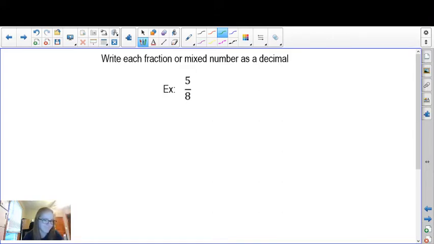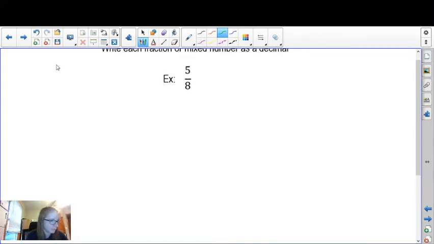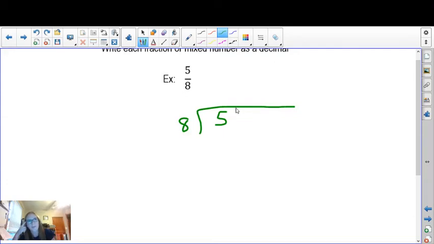I think I'm going to write it more in the middle. So I'm going to take my 5, that's kind of large, and divide it by 8. And you're probably like, why did you write that really long? Because if you notice, my 5 stops here. Well, let's think about this.